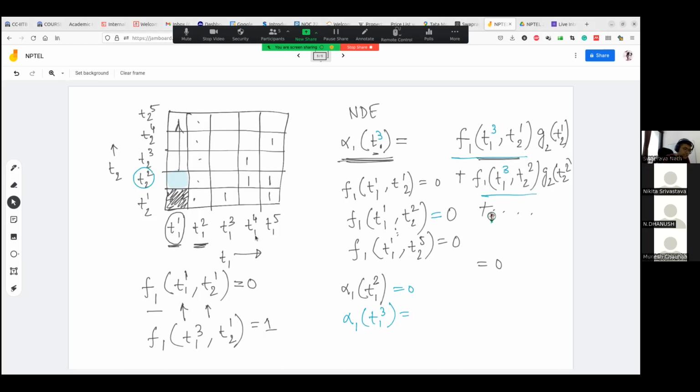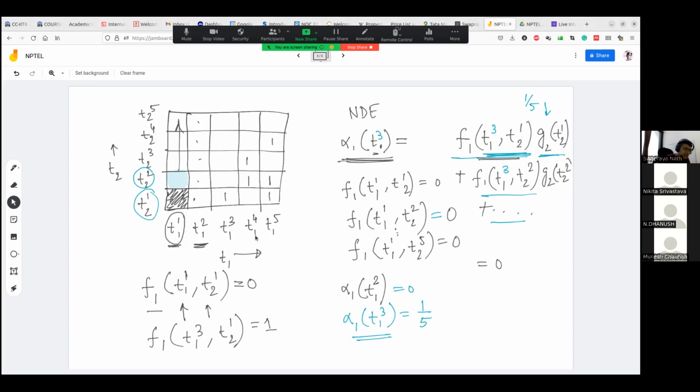So all the later coefficients will be 0, but this one is 1. And that is getting multiplied with 1 by 5, which is the probability with which player 2 chooses this first type. So therefore, at this point, it will be 1 by 5. This is how we get it.